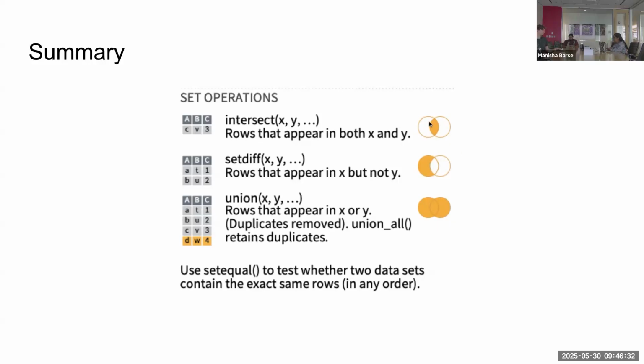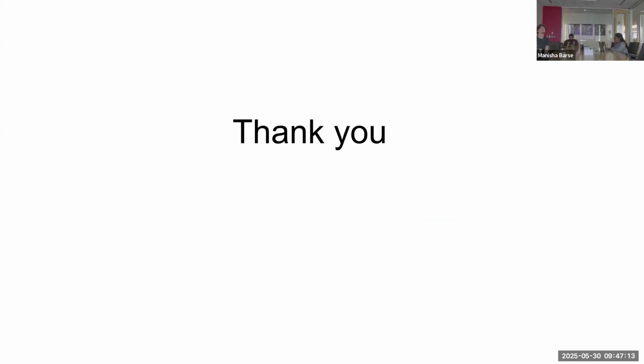Intersect gives us the rows which appear in both data sets or tables. Setdiff tells us about the rows that appear in X but not in Y, depending on how you give the values. Union gives all the unique values in both data sets. And setequal tells us whether the two data sets have the same rows or not. So this is what I had for today's presentation.